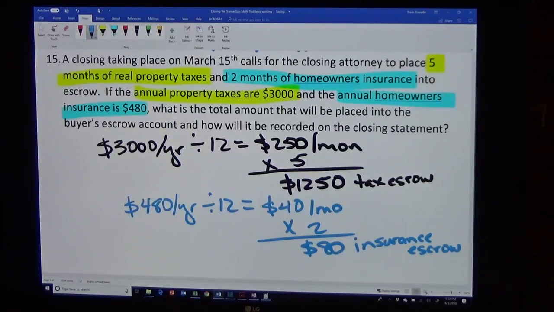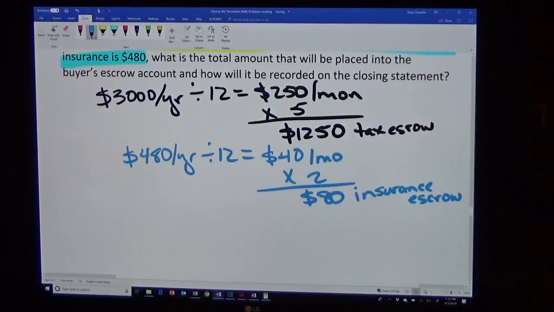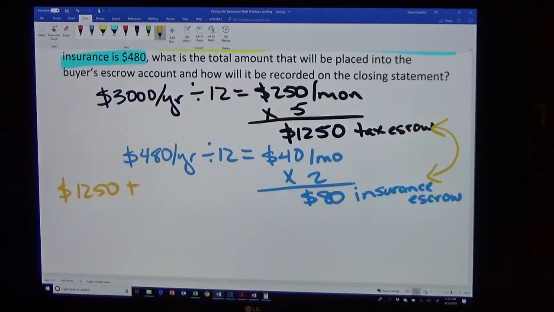And the question is, what's the total amount that will be placed in the buyer's escrow account, and how will it be recorded? Alright, well the total amount is going to be these two added together. So this and this added together is the total amount. So $1,250 plus 80 equals $1,330.